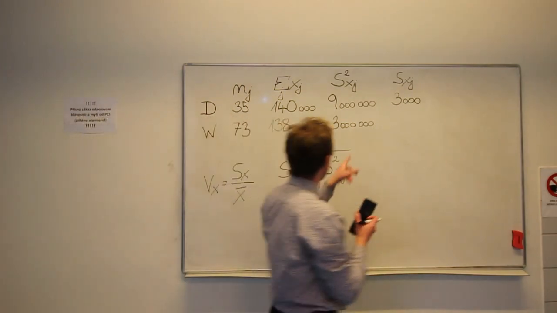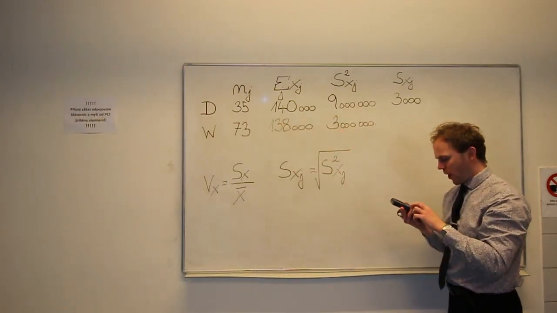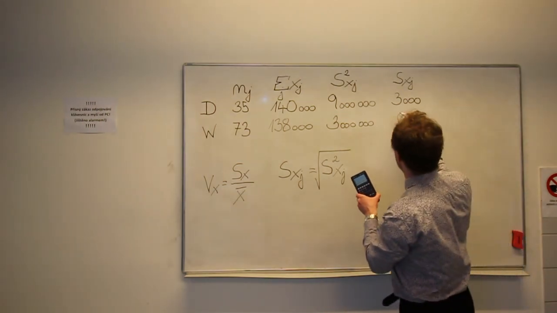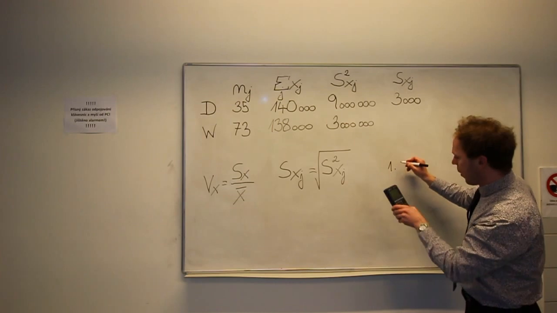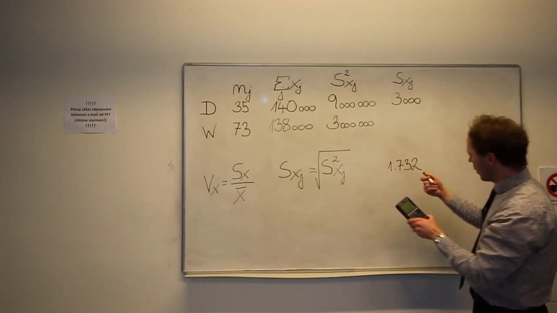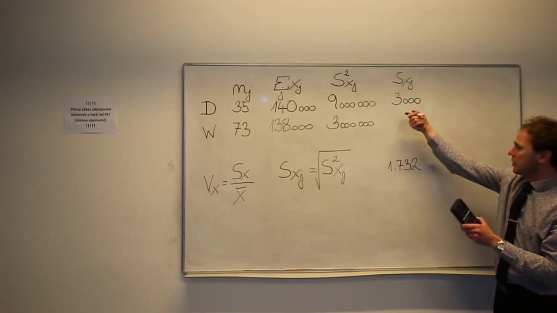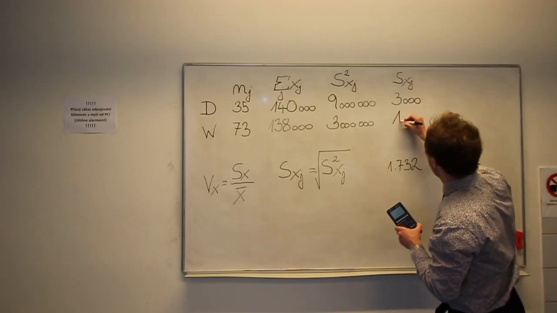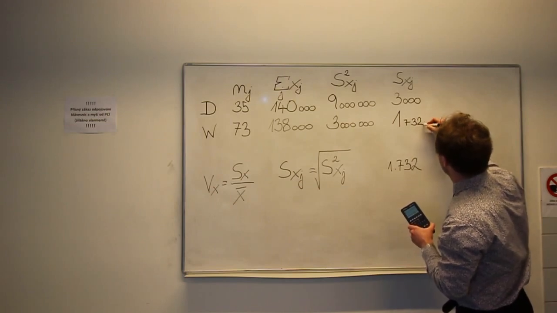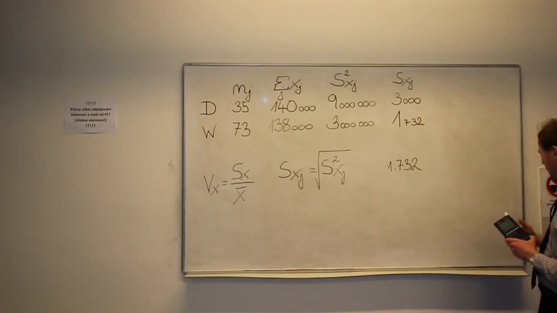And here, the square root of 3 is 1.732, but in thousands it will be 1,732. So this is the deviation.